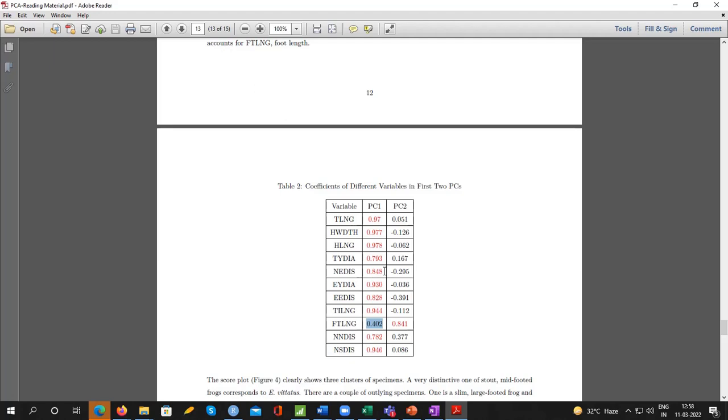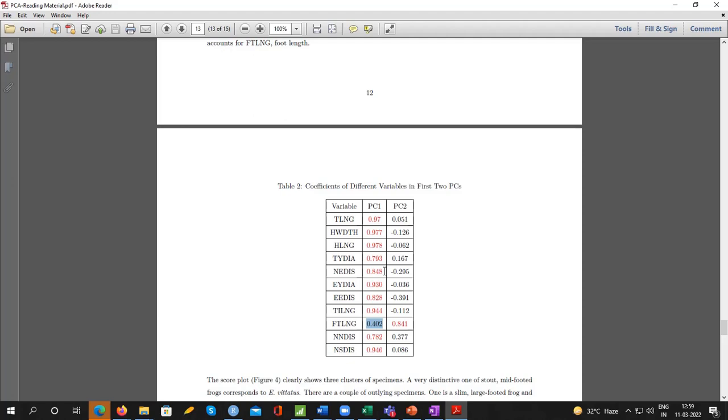So this is what I mean when I say that if you want first PC to be like an index, generally whenever you carry out PCA on the basis of correlation matrix, this is expected to happen, that PCA based on correlation matrix generally leads to the first PC as kind of like weighted mean of all the variables.